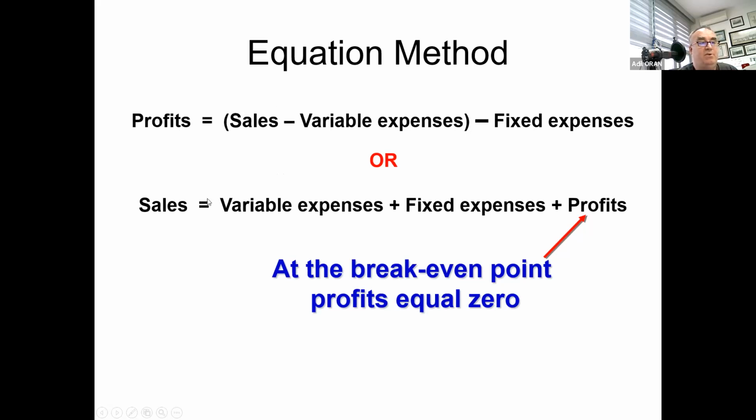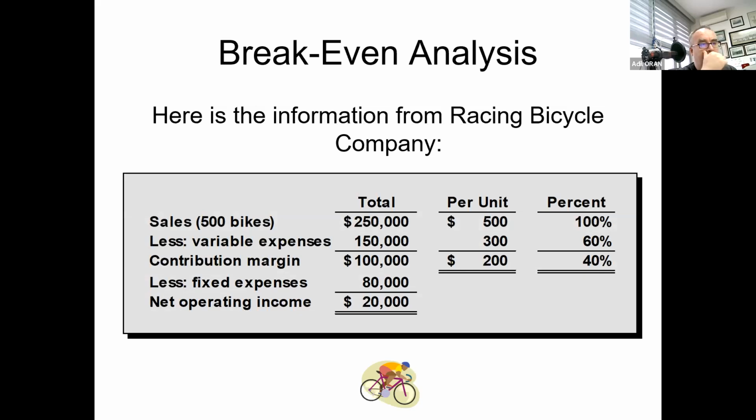From this, you're able to extract the sales figure, and it tells you sales are equal to variable expenses plus fixed expenses, so total expenses, plus any profits you're making, right? And if you set profits equal to 0, when sales, or revenue, is equal to total costs, you're at break even. So that is the equation way to approach this problem.